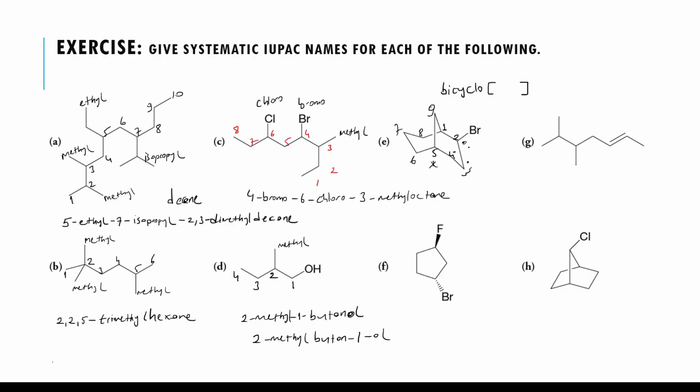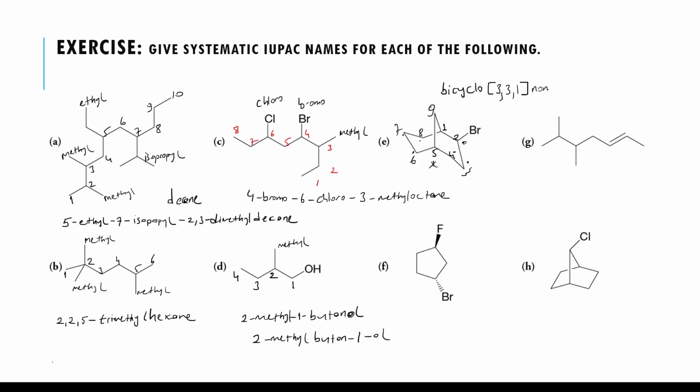I have 3 carbons, so you have to say in this cyclic part I have 3, and in the second also it's 3, because here 1, 2, 3, we are not counting bridgehead carbons. Then the bridge has only 1 carbon, so this is bicyclo 331.